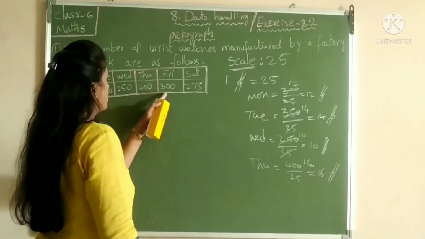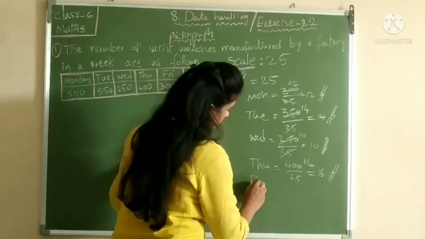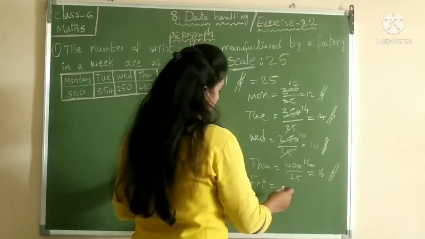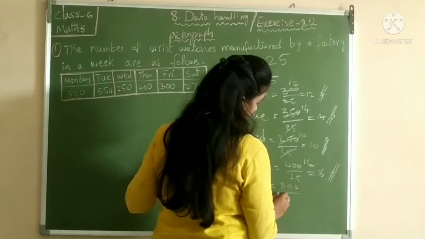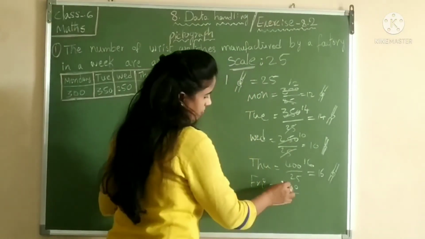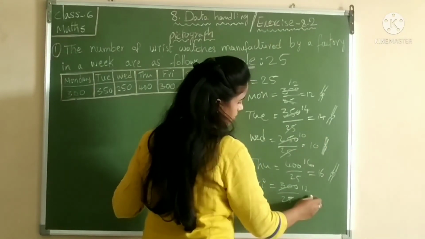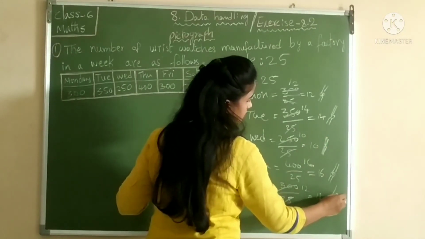Friday, 300. 300 by 25. 25 twelves are 300. So 12 watches.